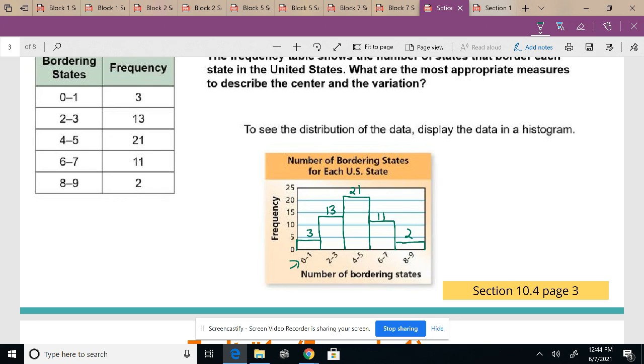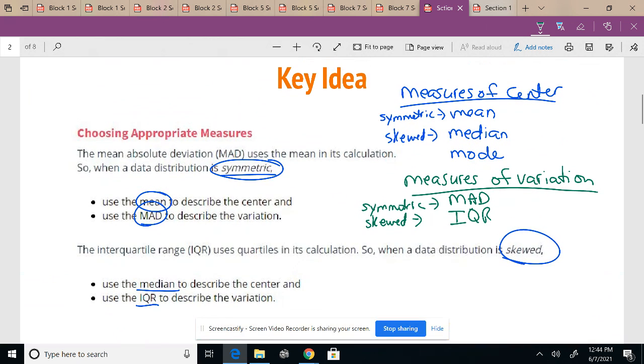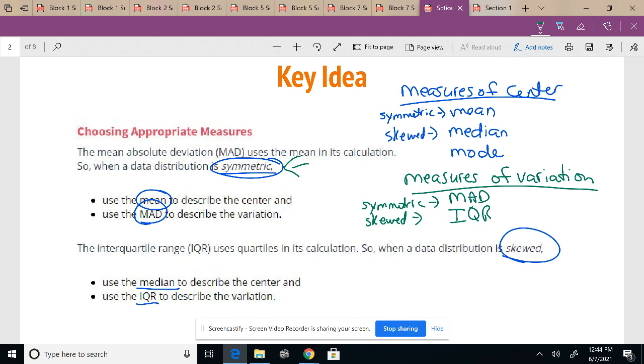So now when you're looking at this, we need to figure out first, is it skewed or is it symmetric? Well, it looks like it's pretty even on both sides and then building up like stairs. So we're going to say that this is symmetric. So now if you go back to your notes up here, when we said symmetric, that means that we're going to be working with the mean and the mean absolute deviation.